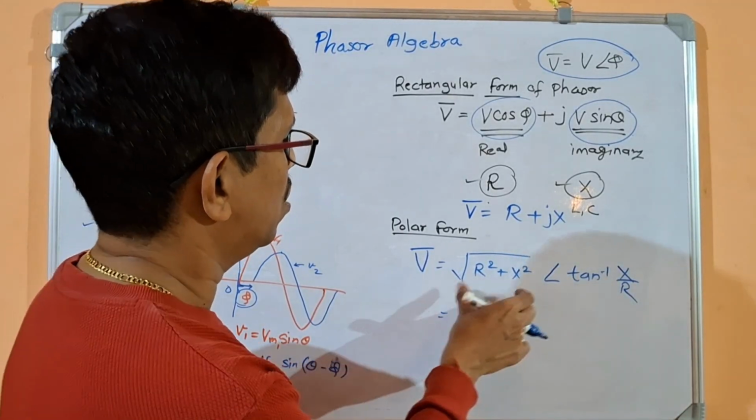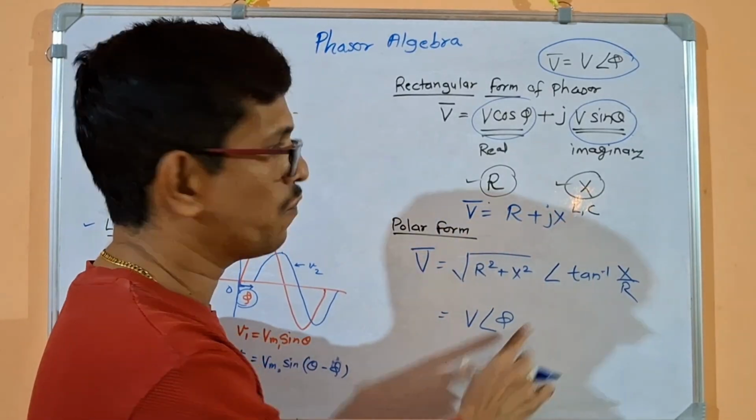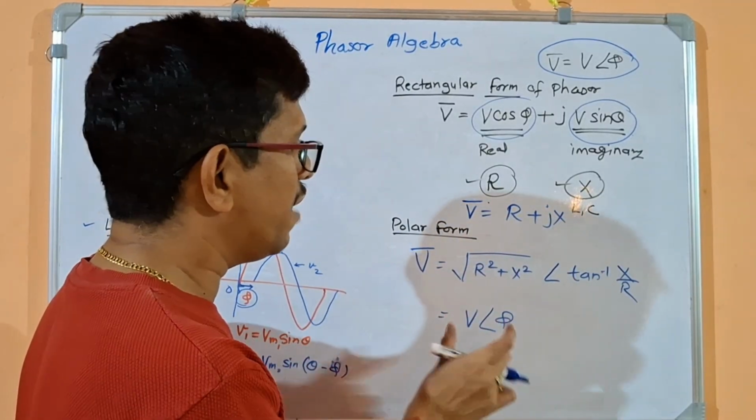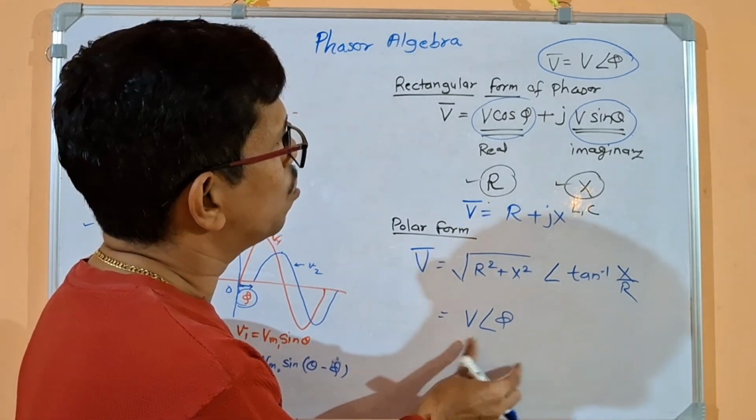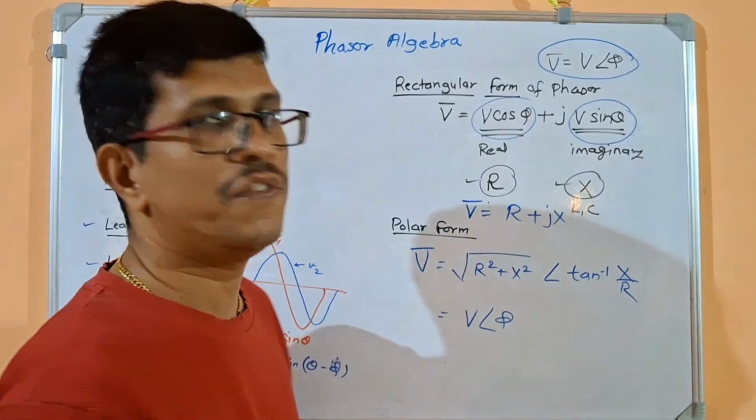So whenever rectangular form is given, you can find polar form using this formula, or if polar form is given, you can find rectangular form by using V cos phi plus j V sin phi.